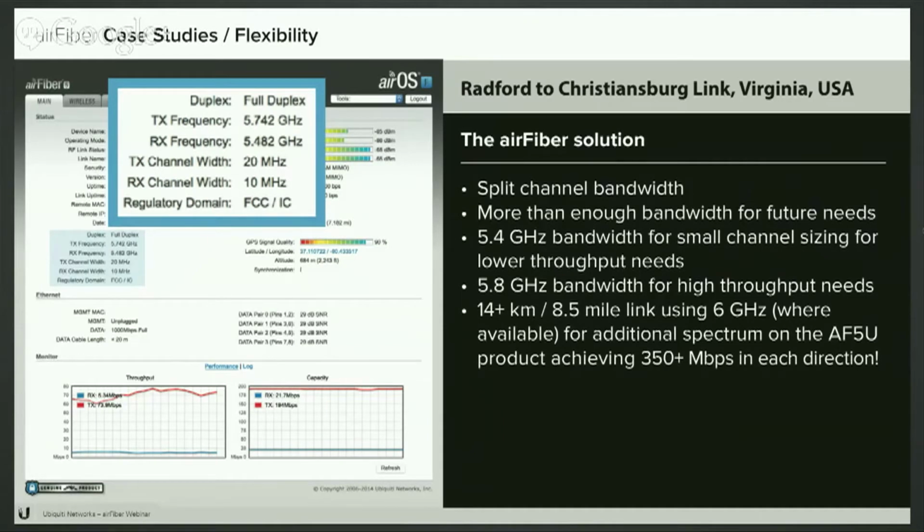Our transfer and receive frequencies are split across the high band and the low band. That gives you what you see on the screen here: if you look at the lower right-hand corner of the capacity graph, you'll see we've got 21 megabits per second in the back channel, and in the main channel, where you're pushing all the data, you've got 194 megabits per second. And you have all that stuffed into 30 megahertz of bandwidth with about a 200 microsecond latency.